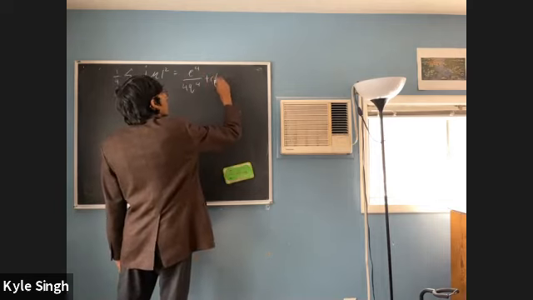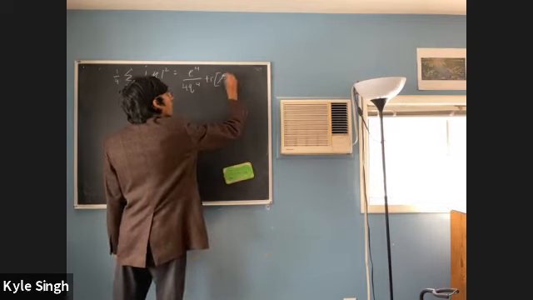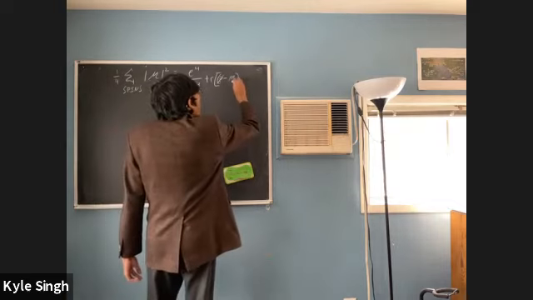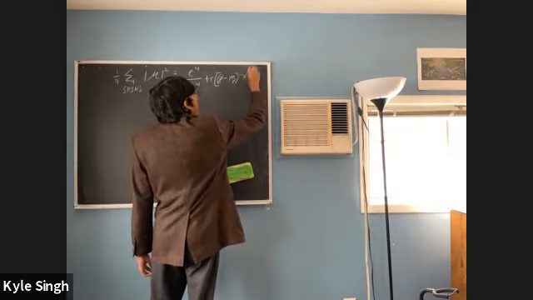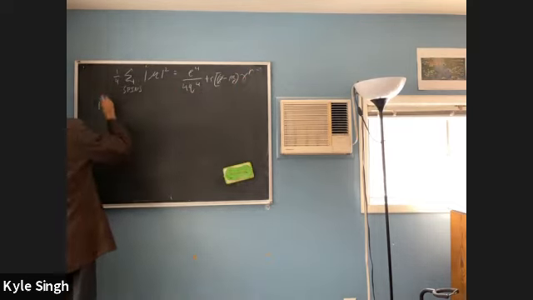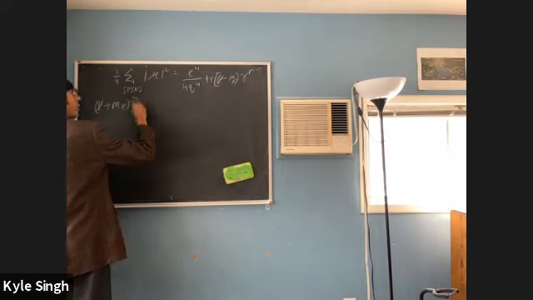Trace p slash minus m, we'll say this is the electron mass, gamma mu, p slash plus the electron mass, gamma nu.